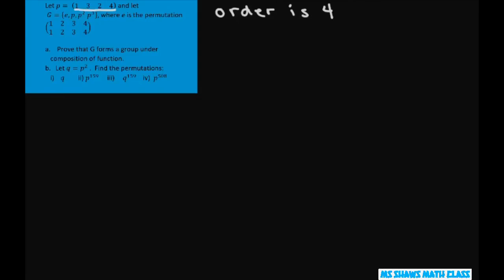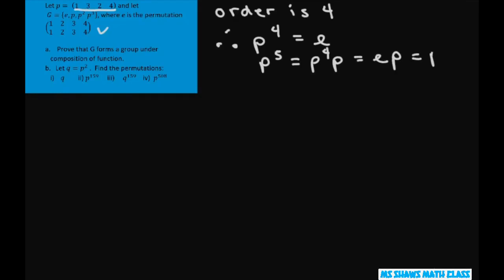That also means P to the 4th equals our identity, E. Let's look at P to the 5th. It's P to the 4th times P, which is E times P, which is just P. We have P to the 6th equals P to the 4th times P squared, which equals E times P squared, which is P squared.